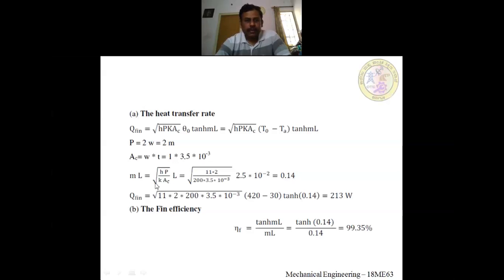No units, because the unit of m is per meter, length is in meters, and the meters cancel, so m times L has no unit. Next, heat loss with fin is given by the formula.